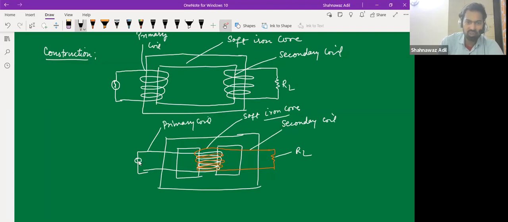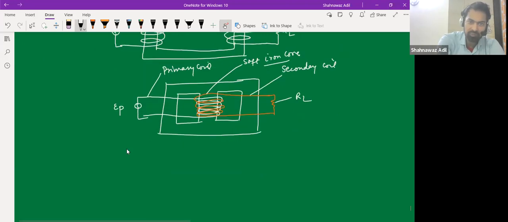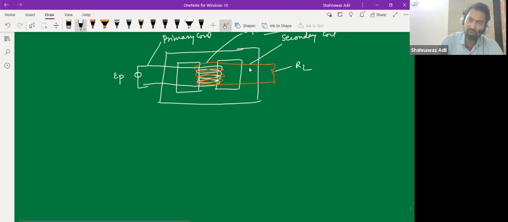So when we supply a voltage, let's say EP, then what will happen is that this will induce some EMF in this one, right? Because the current is changing. So in the secondary coil there would be an induced EMF, equal to, let's say there are NS turns, NS d phi by dt, right?